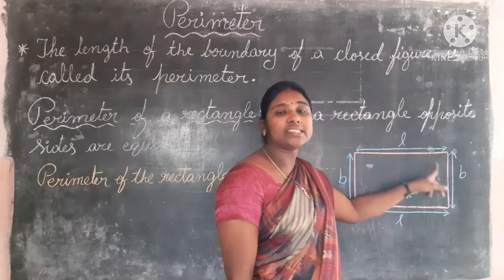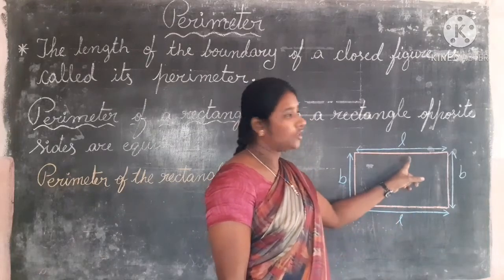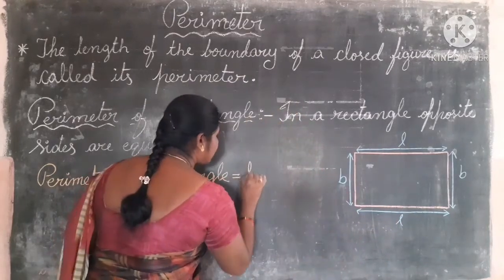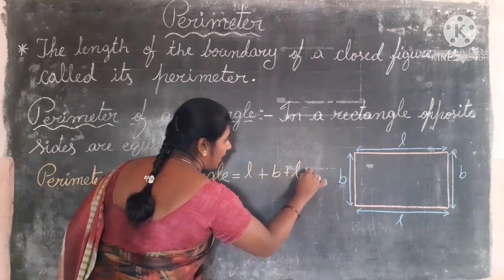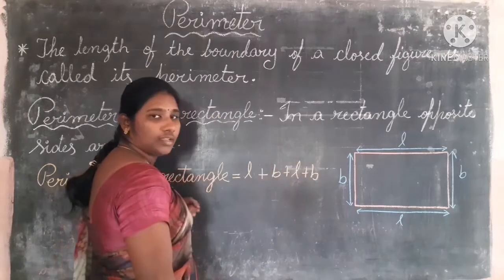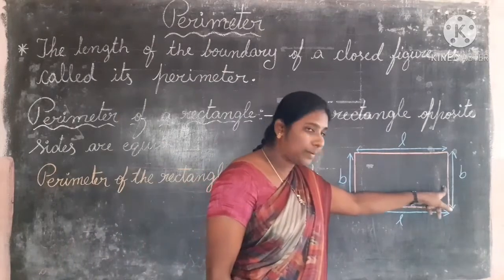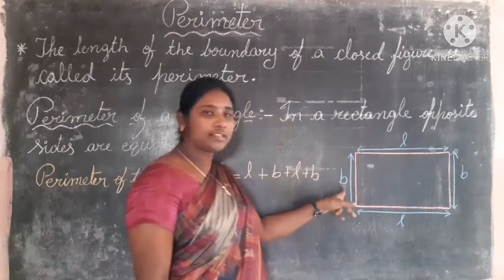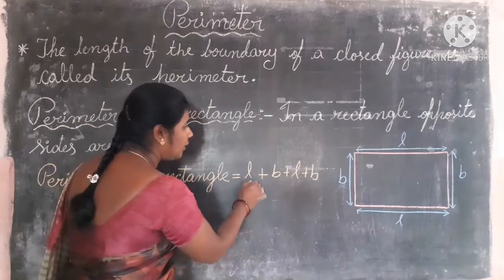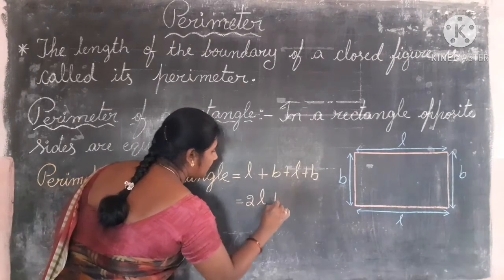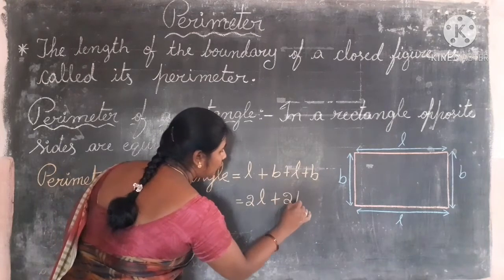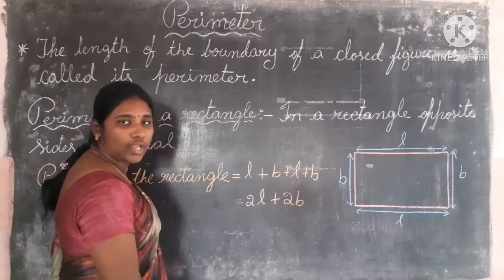So we have to add the sum of its sides: length plus breadth plus length plus breadth. How many lengths are here? 2 lengths, plus how many breadths? 2 breadths. 2 lengths and 2 breadths.